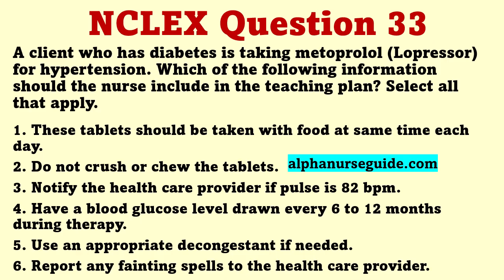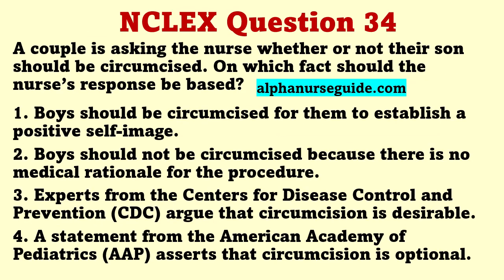It may mask evidence of hypoglycemia such as palpitations, tachycardia, and tremor. Use of any OTC decongestants, asthma and cold remedies, and herbal preparations must be avoided. Fainting spells may occur due to exercise or stress, and the dosage of the drug may need to be reduced or discontinued.